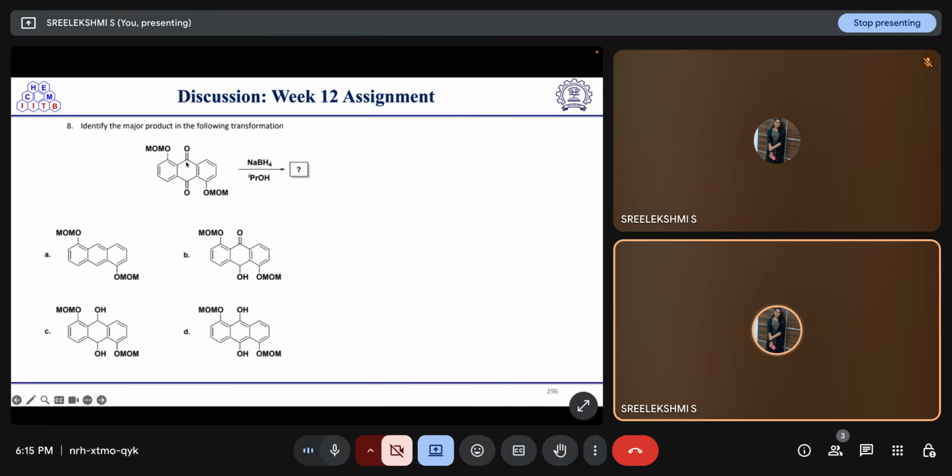Moving to the next question, identify the major product in the following transformation. So this particular compound upon treatment with NaBH4 in IPA, which will be the major product here?